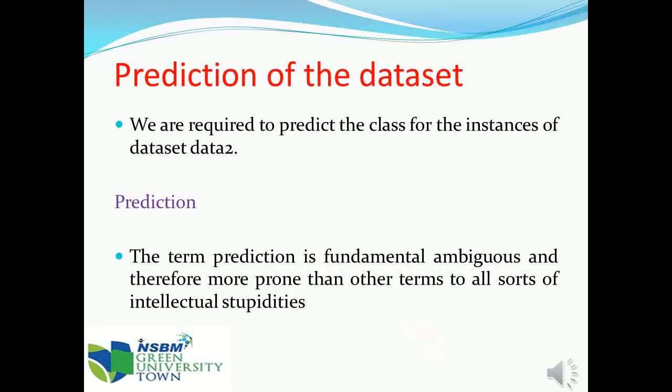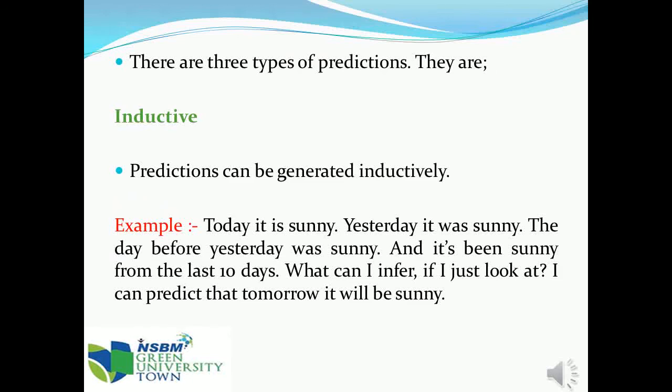Prediction of the dataset. We are required to predict the class for the instances of dataset data 2. The term prediction is fundamentally ambiguous and therefore more prone than other terms to all sorts of intellectual stupidities. There are three types of predictions.